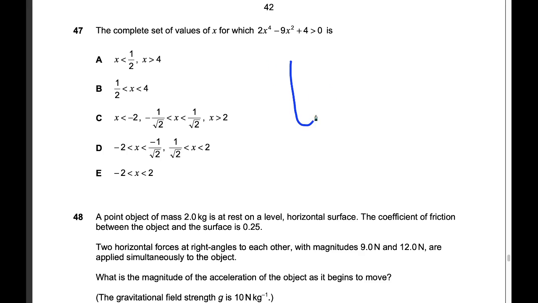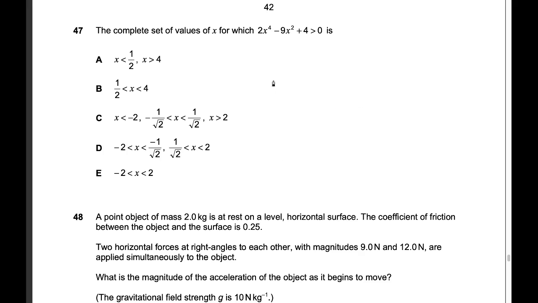That should be a sort of W shape, something like this. Not necessarily at the same height, these two minima, or it doesn't really have to have this great symmetry, but yeah, it's going to be a kind of W shape. So we're going to look for the points where it crosses the x-axis, and then when it's greater than 0 is just outside this range and outside this range here.